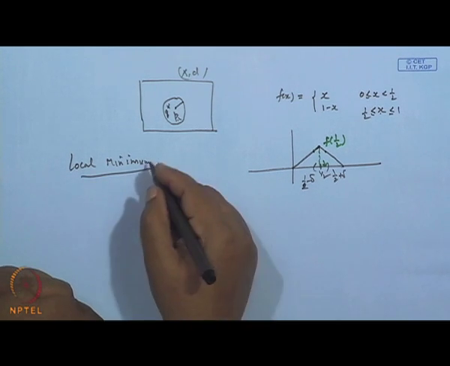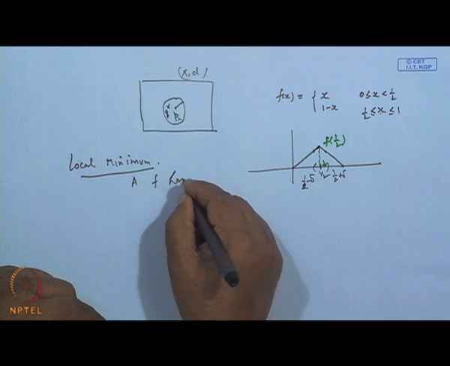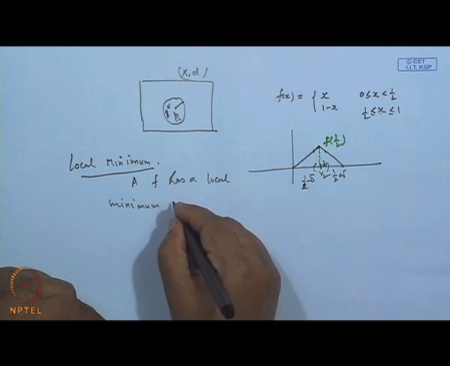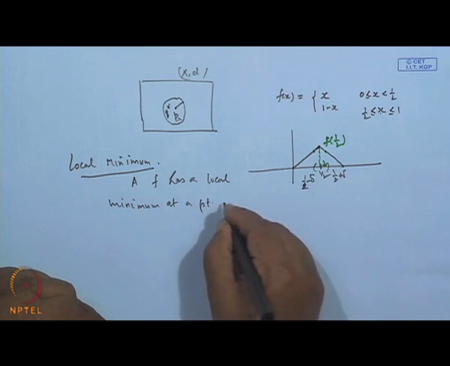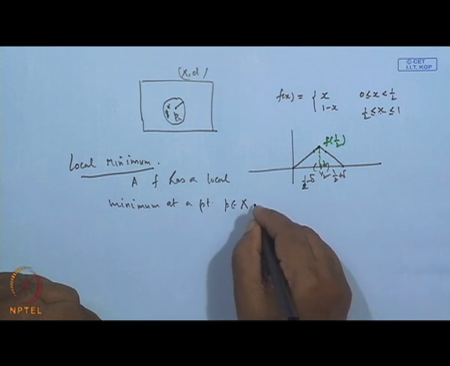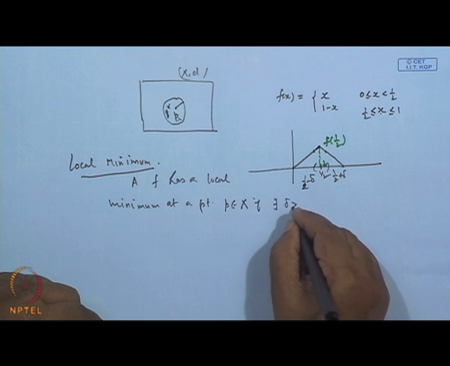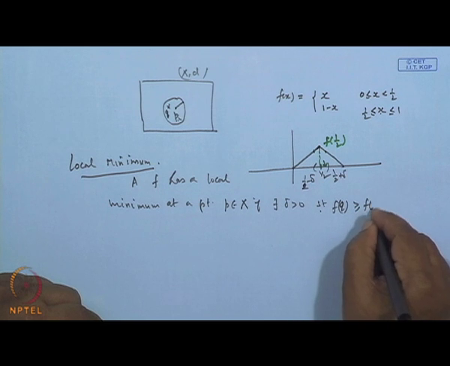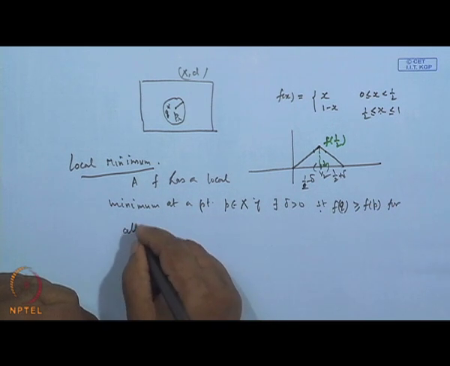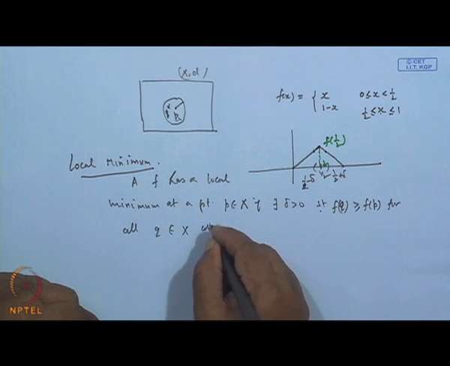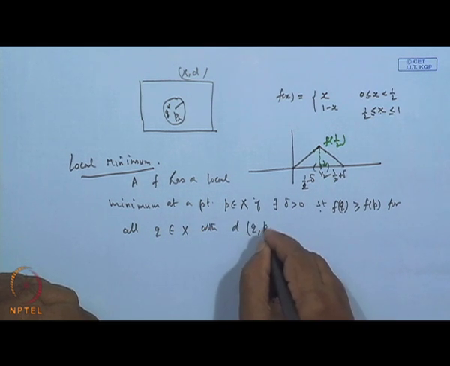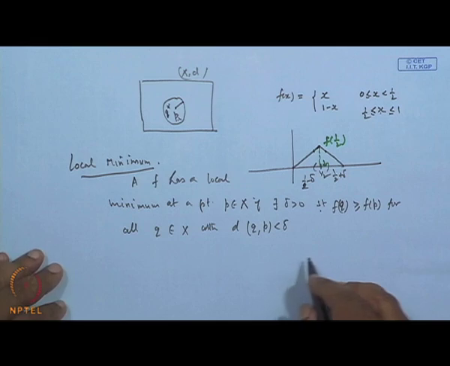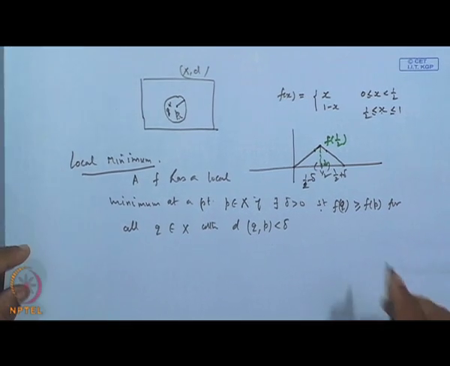We say a function f has a local minimum at a point p belonging to X if there exists a delta greater than 0 such that f(q) is greater than or equal to f(p) for all q belonging to X with the condition that the distance between q and p is less than delta. So this is the local minimum for this point. Okay. Now, we will continue with the mean value theorem next time. This is all. Thank you.